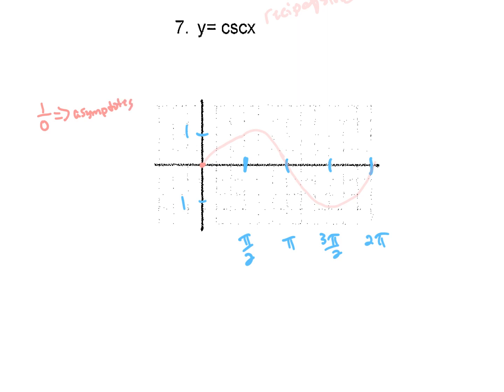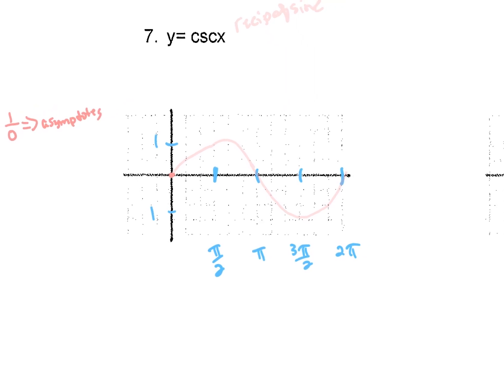So part of what you're going to graph on a cosecant graph is you're going to think about where the sine curve is crossing the x-axis, and that's where you're going to draw asymptotes. So we have asymptotes for this cosecant graph at 0 and at pi and at 2 pi. So that is part of what you have to graph in order to graph these. So asymptotes at 0, at pi, at 2 pi.